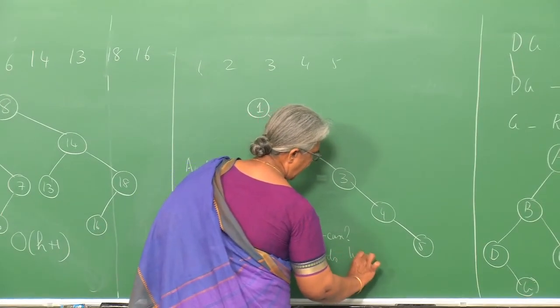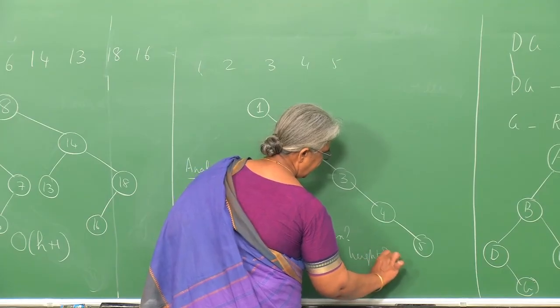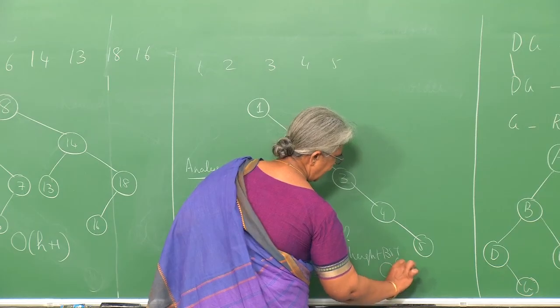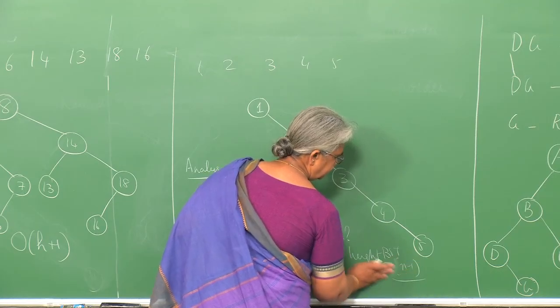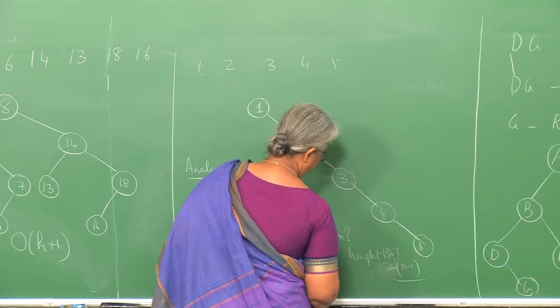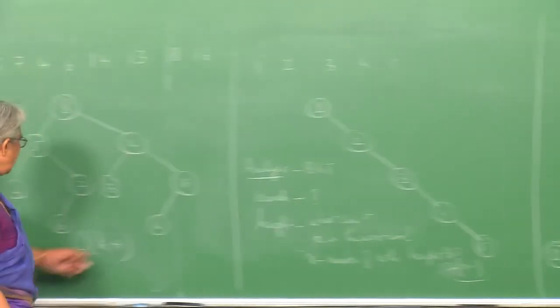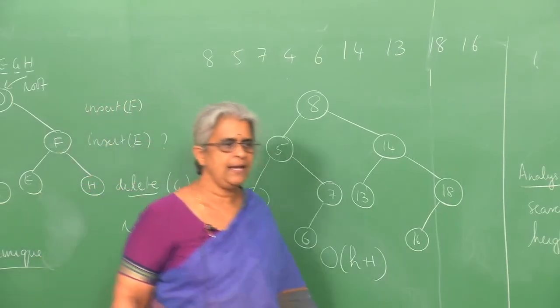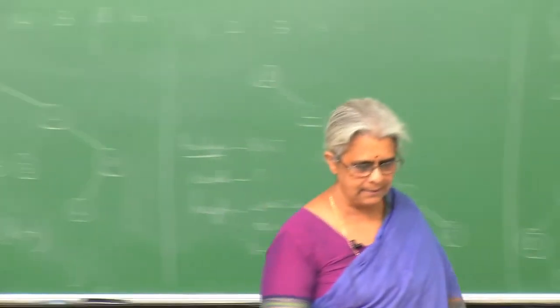Then the height of the binary search tree can be as tall as n minus 1. So, when you are talking about order of h plus 1 comparisons, in the worst case you have to do order n comparisons in the binary search tree.